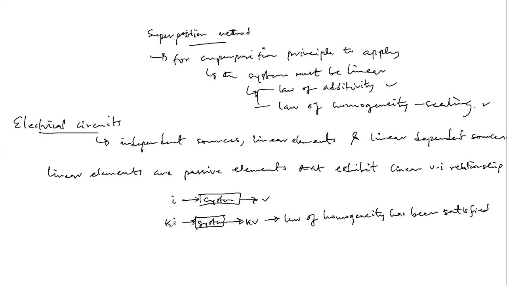That is, the multiplication of the current through the element by a constant parameter K results in the multiplication of the voltage across the element by that same parameter K.